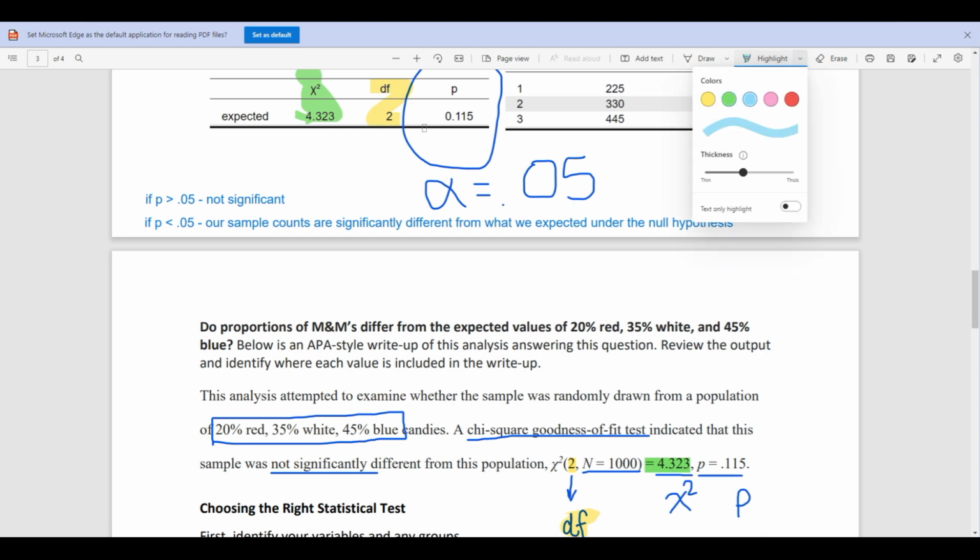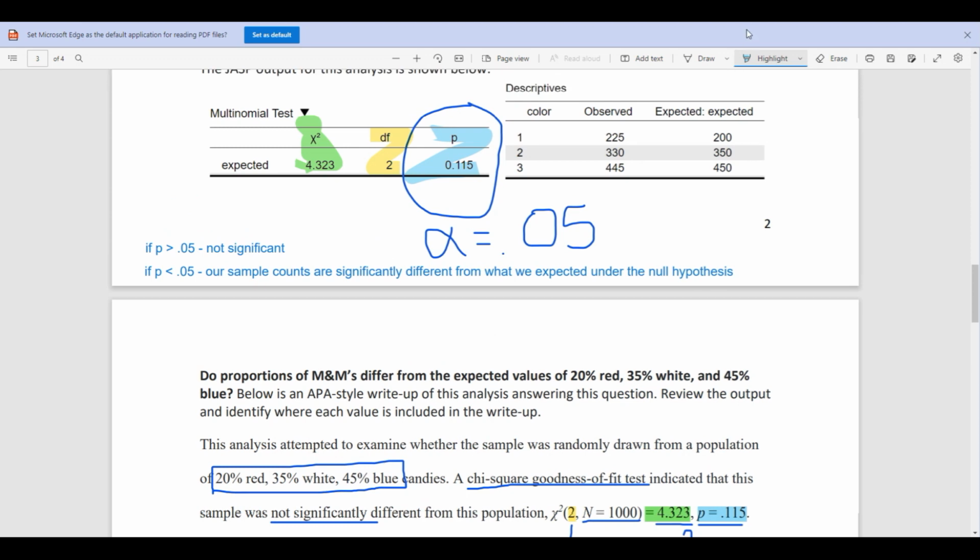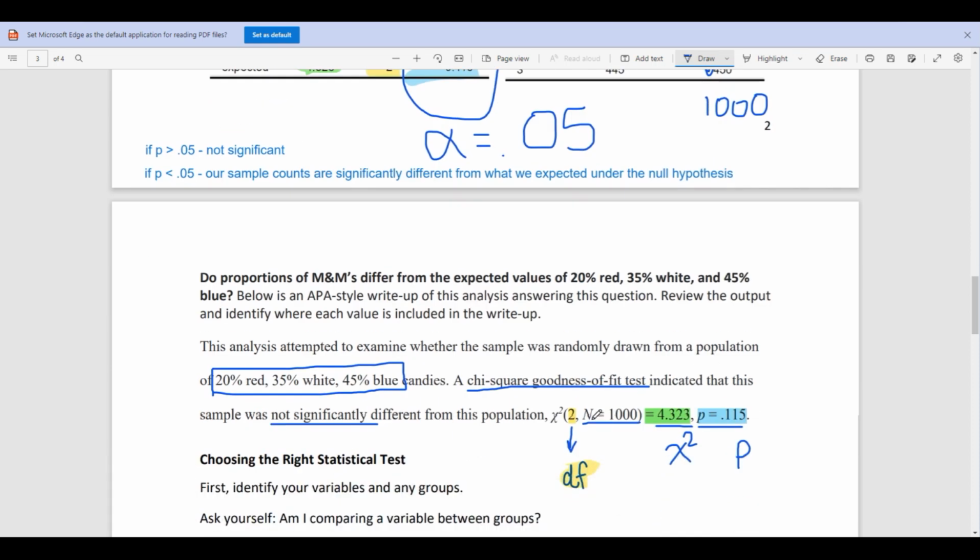The p-value is after the comma. And then this n equals 1,000, really that comes from our problem itself, but you can also, of course, add these up, and we know that we have 1,000 total. And that's where this is coming from.